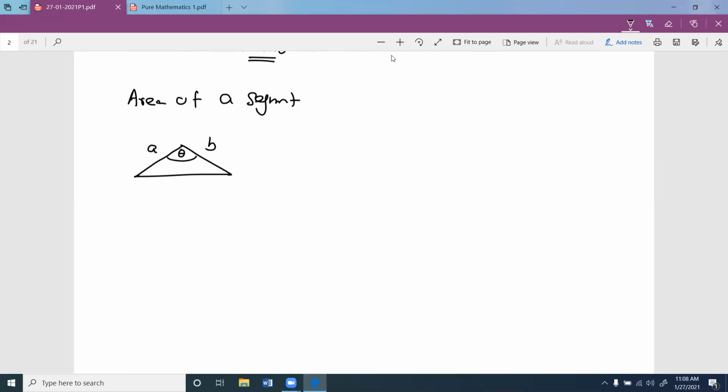There are two ways of getting the area of a triangle. First, if it's a right angle triangle, not a problem: it's the base and the height. If it's a right angle, area equals half base into perpendicular height.